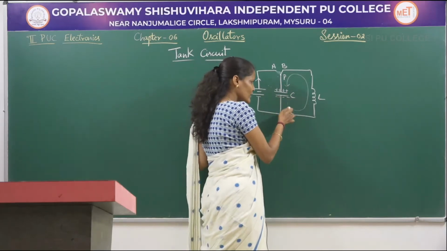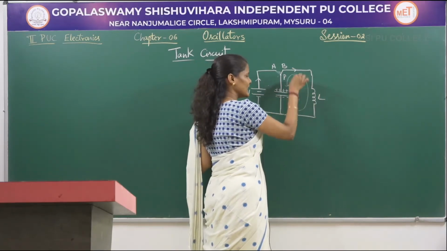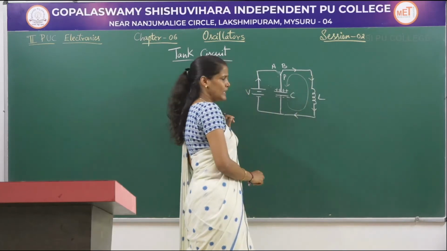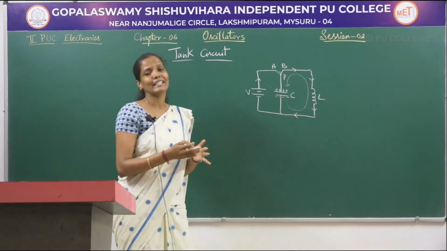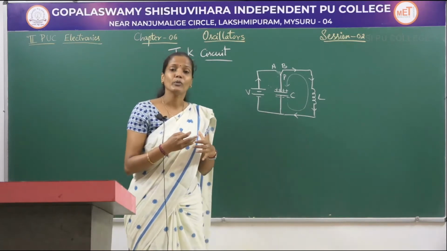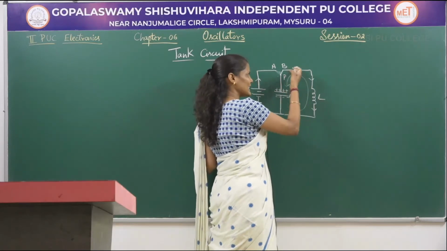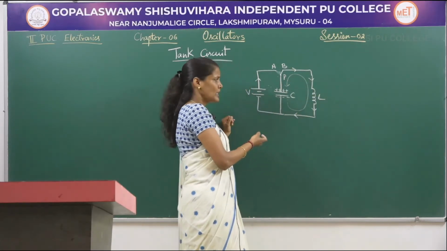Since electrons are moving in this direction, the current will flow in the opposite direction, because the flow of electrons and the conventional current flow are opposite to each other.